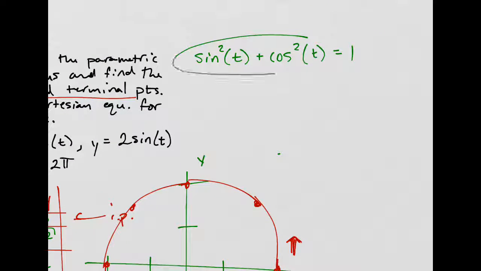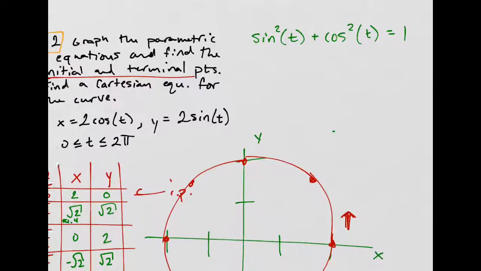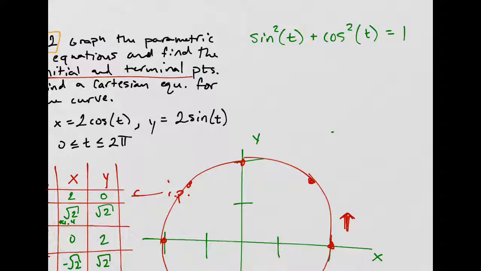Well, if I can get something like this, I can replace those trig functions with just the number 1, which doesn't involve t at all. So let's do that. I'll just take this and square it. If I square this side, I'll square this side. So I'll have x squared, and that's the same thing as 4 cosine squared t.